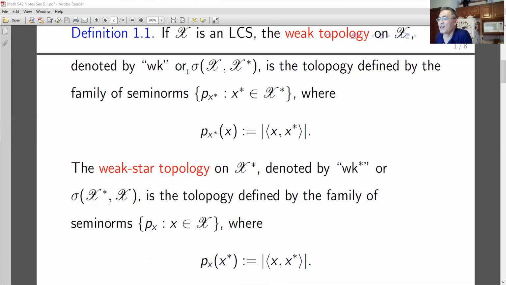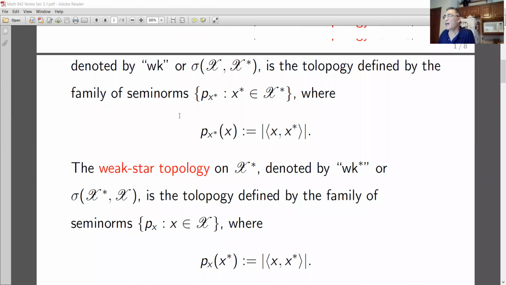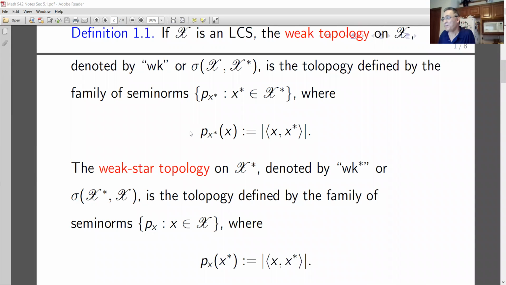So we need to look at homework problem number 10 carefully. This tells us that in many situations, the weak topology is different from the original topology.